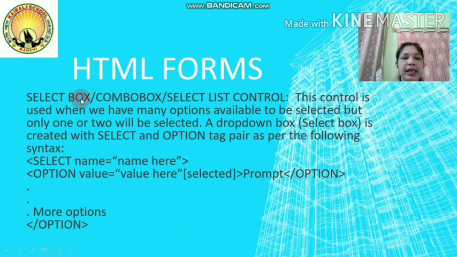So this select box or select list control is used when you have so many options and you have to choose. A scroll bar will be shown and you have to choose only one option in the given options available there. Like when you go for admissions in standard 11, you have different streams available in the schools, like science, commerce, humanities, so many are there, and you want to go with only one.